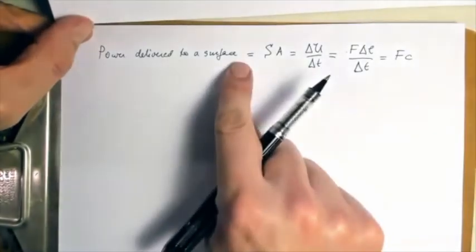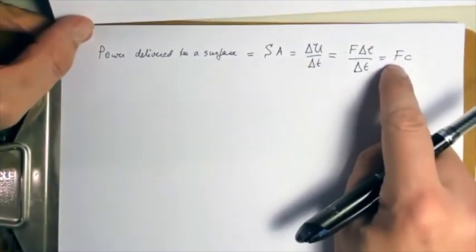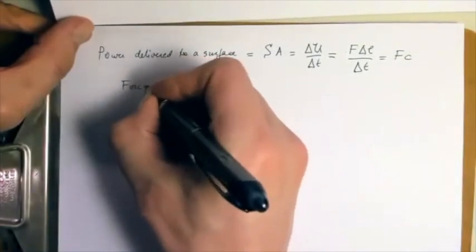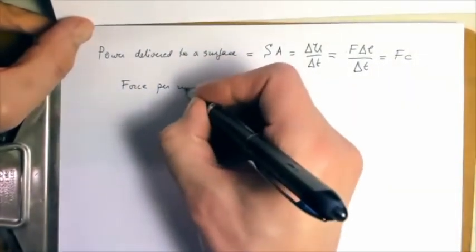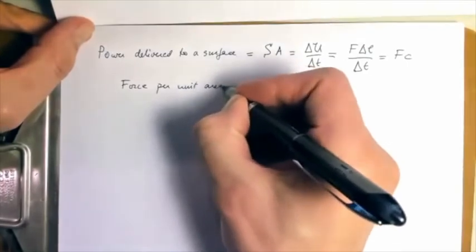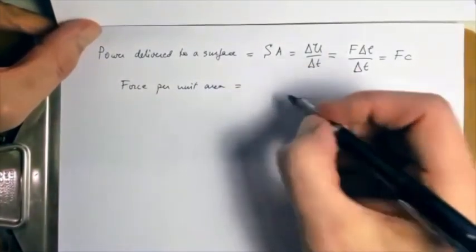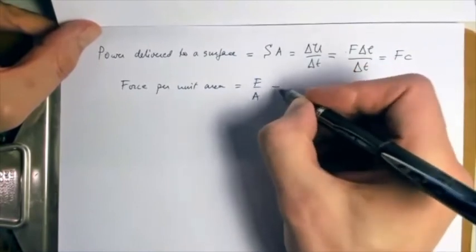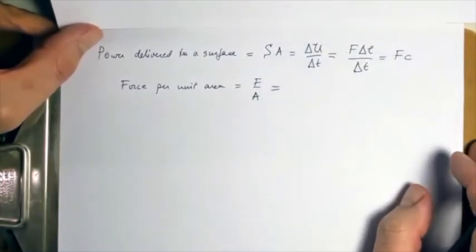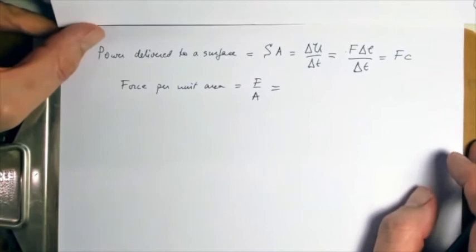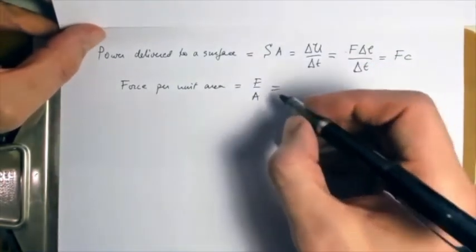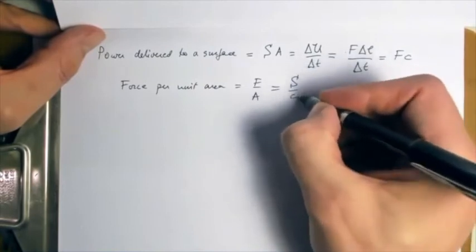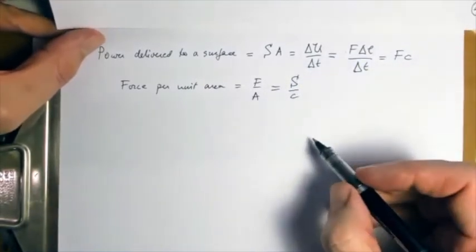So if that's the power, that's the force, then the force per unit area is F over A. So it is S, the Poynting vector, divided by c.